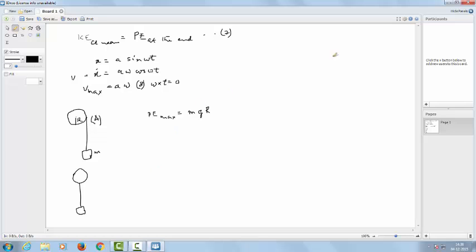So we can put this equal to half m v square maximum, because for the situation B, the velocity of mass m would be maximum. So from here we can write V maximum equal to square root of twice g times r.